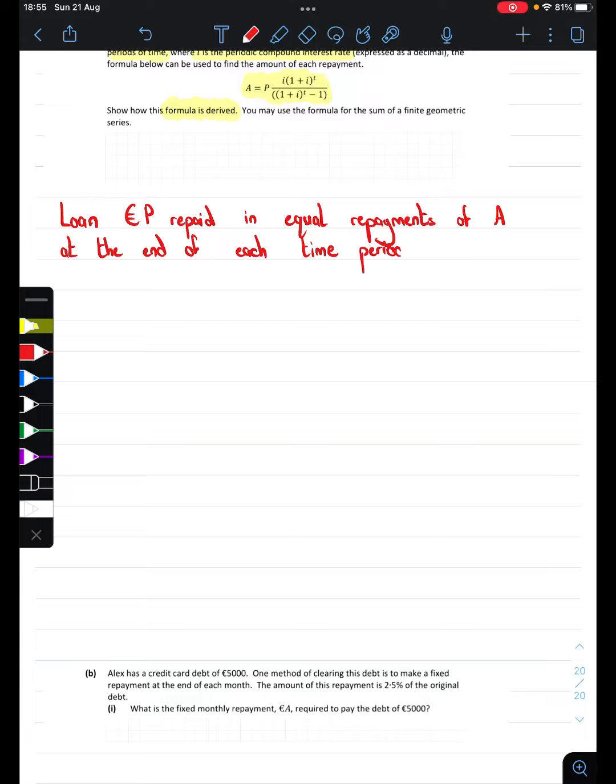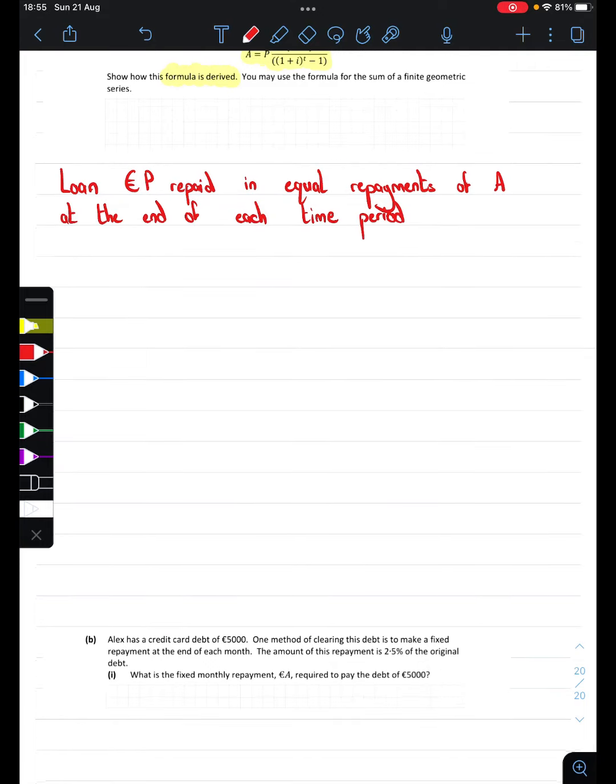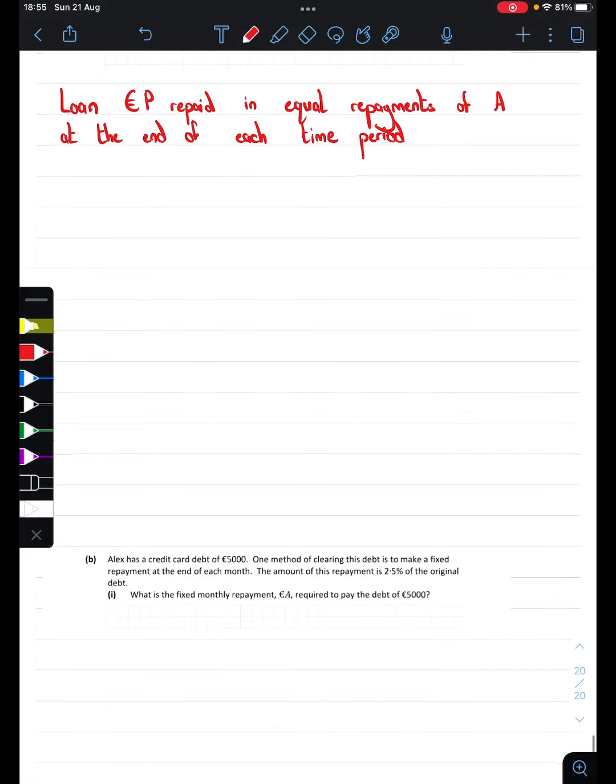So we've got to consider how much €1 is worth to the bank after 5 time periods.